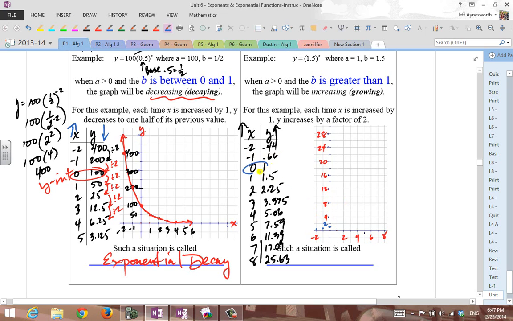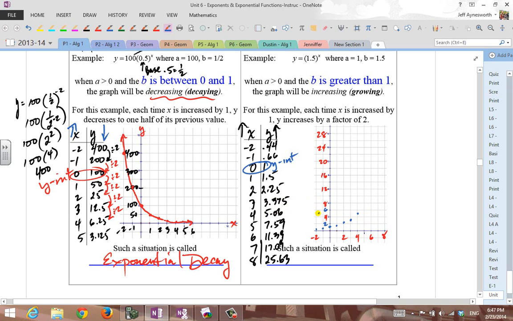It's the y-intercept. 1, 1.5 is right about there. 2, 2 1/4, right about there. You have to estimate, of course. 3, 3.3, roughly right there. 4, 5, right about there.